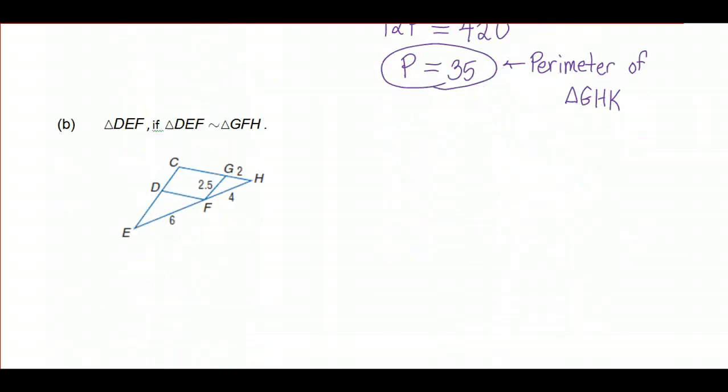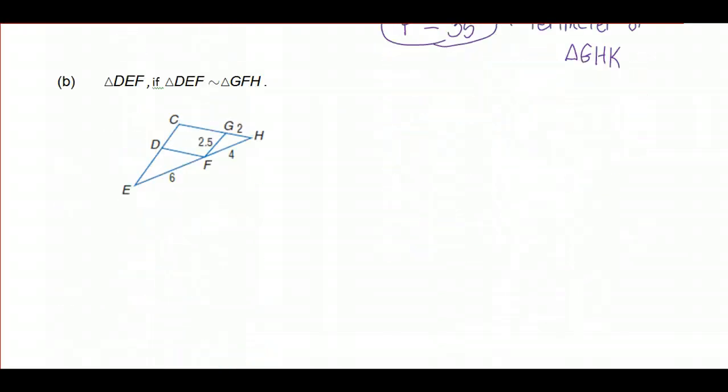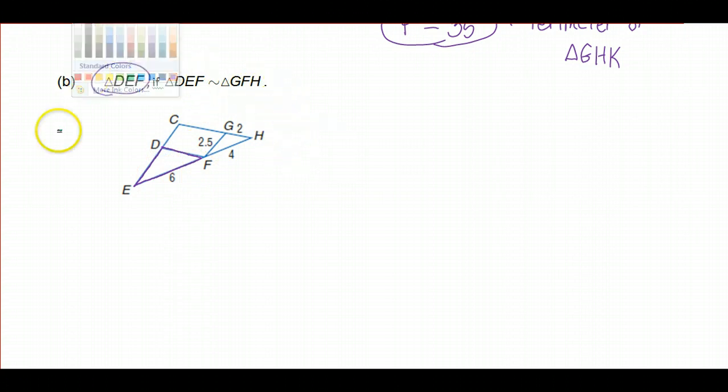All right, let's take a look at the next triangle. So we're looking for the perimeter of triangle DEF. DEF is this small triangle, and DEF is similar to GFH. So I'm just going to trace GFH here.